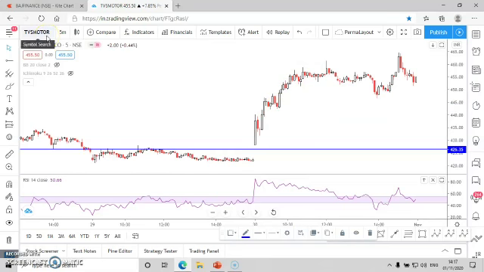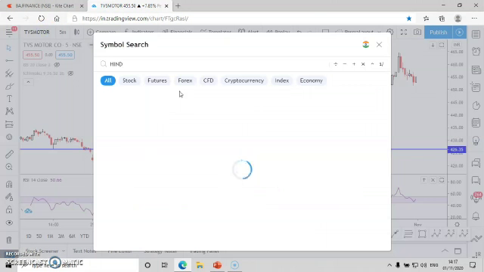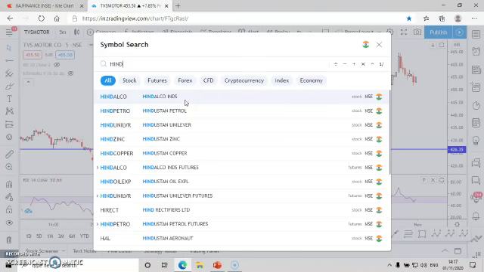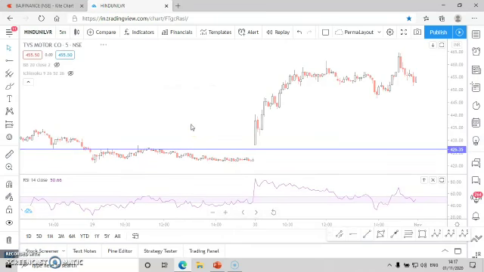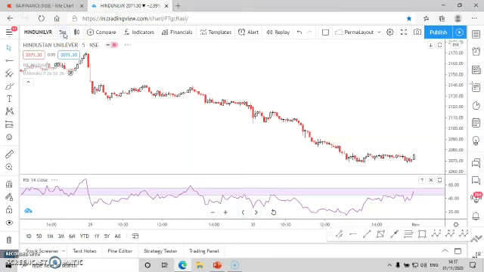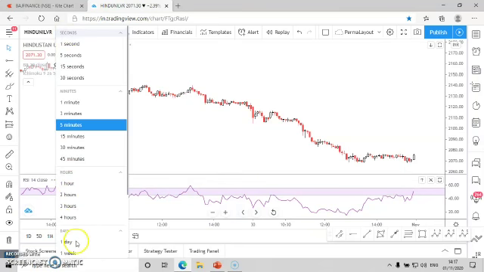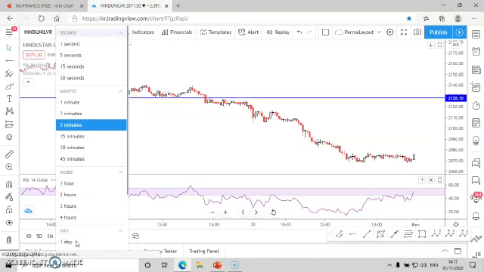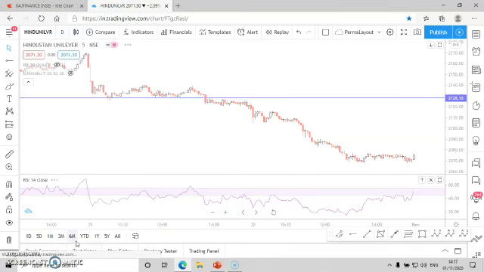Another example, for a short trade, was Hindustan Unilever, I said. So this is the Hindustan Unilever 5 minutes chart. First we'll check the daily chart, and I'll show you why it was there, which we already saw on the slide.